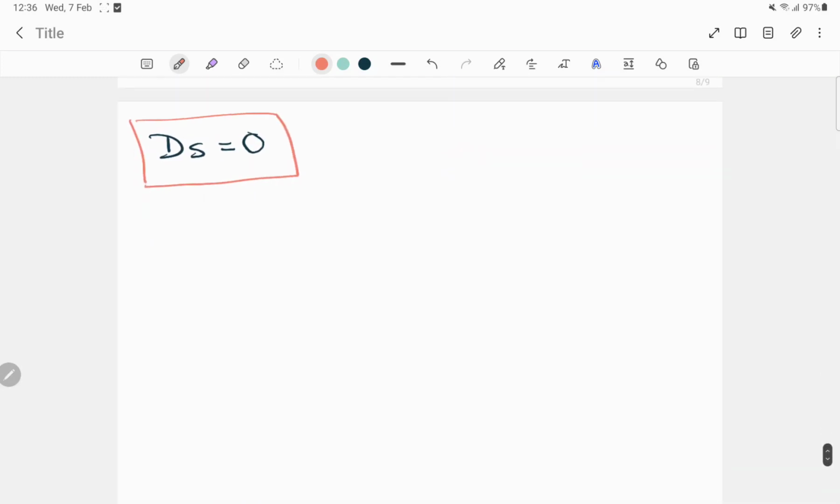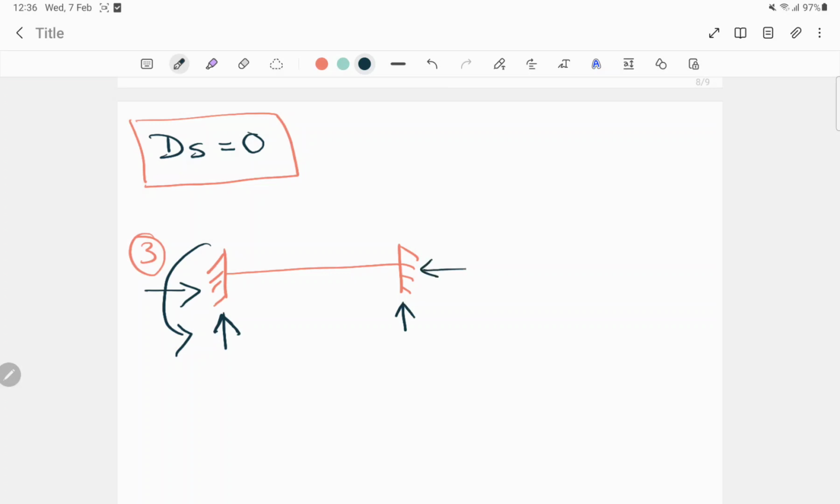Now I'll take another example for condition number 3. I'll take a fixed beam. In the fixed beam, there will be 3 unknown reactions: one in the vertical direction, the other horizontal, along with the moment. Here also it will be the same: upward direction, horizontal direction, and the moment. So the degree of static indeterminacy is equal to the total number of unknown reactions minus the total number of equations of equilibrium.